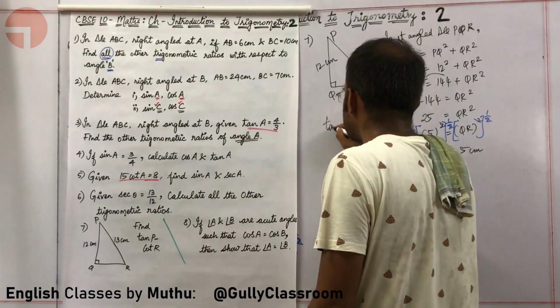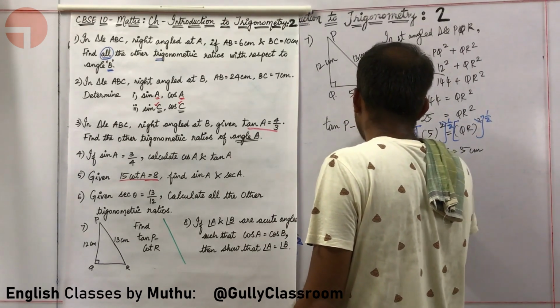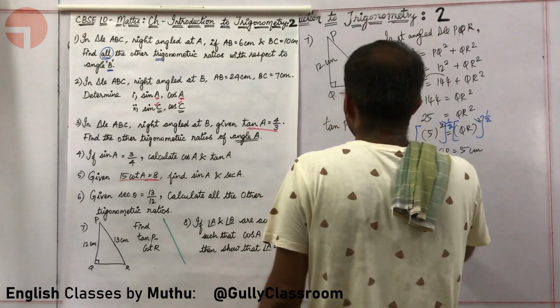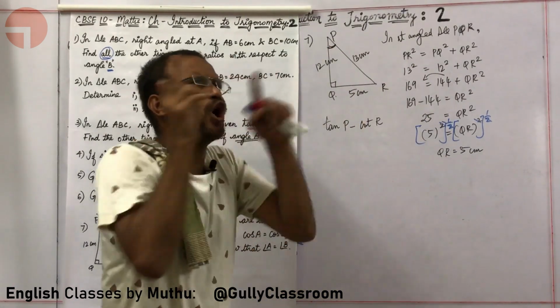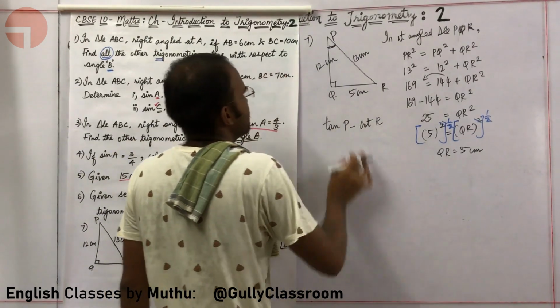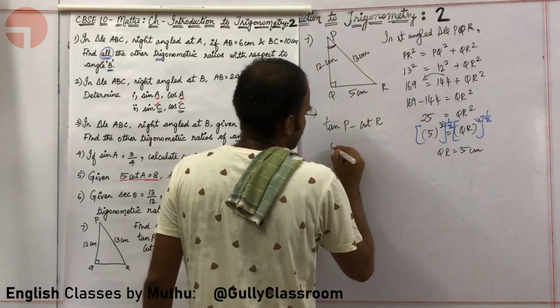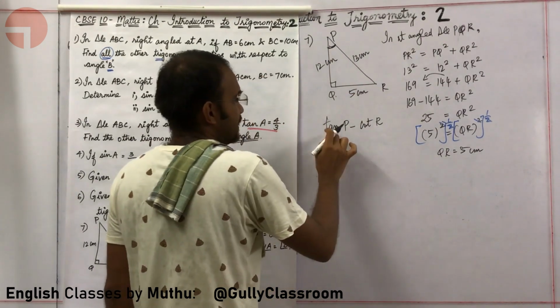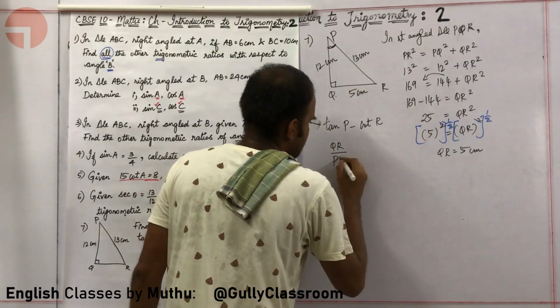They are asking us to find tan capital P minus cot capital R. What is tan P? Let us look at P. Tan means opposite by adjacent. This is going to be tan P. Opposite with respect to this is QR divided by adjacent, which is PQ.